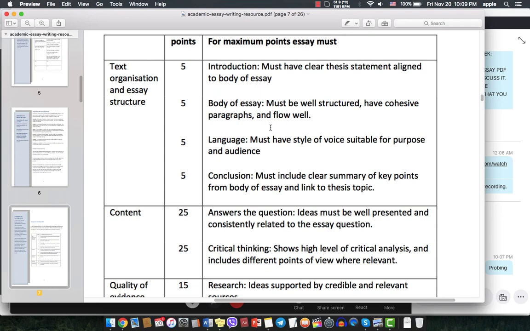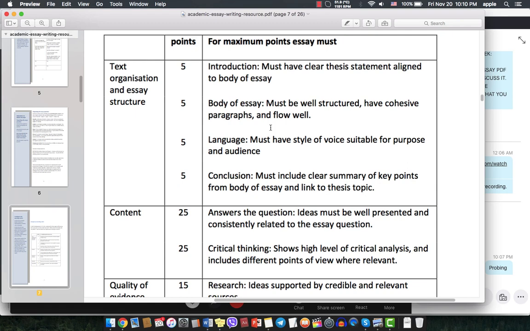Language must have a style of voice suitable for purpose and audience. When we talk about style, we're talking about the word choice. We're talking about whether the person is talking on behalf of himself, on behalf of a group of people, or he is just reporting observation or facts.